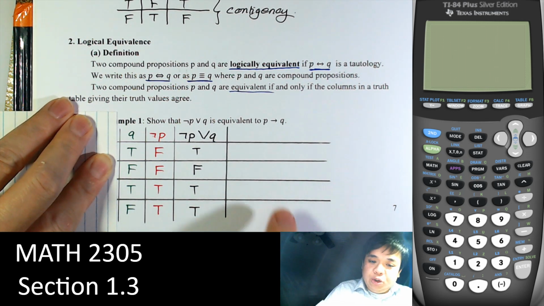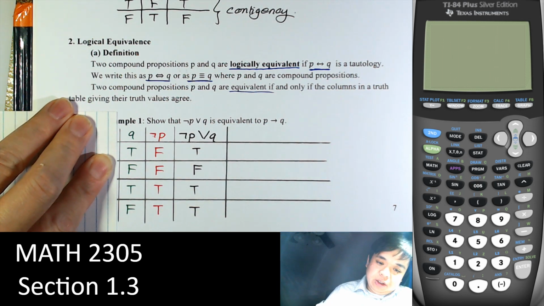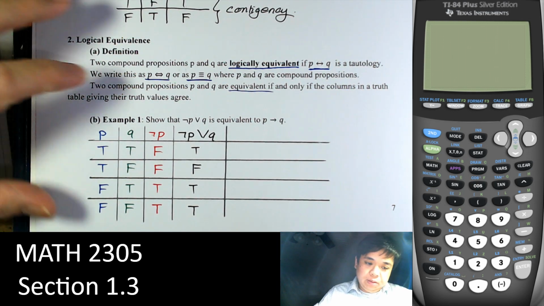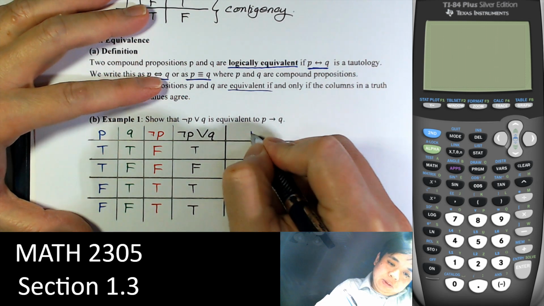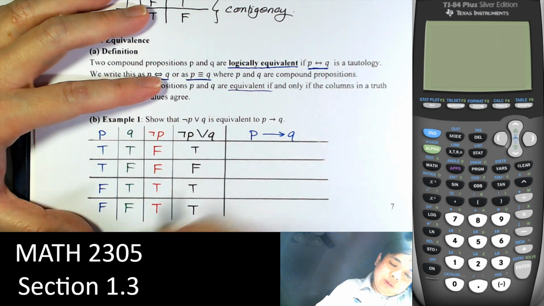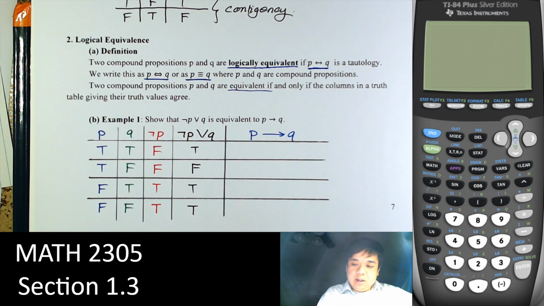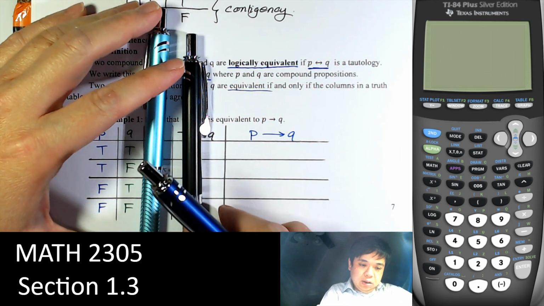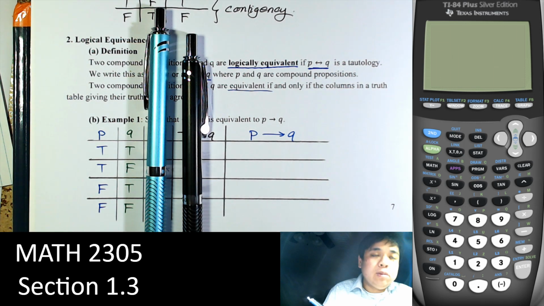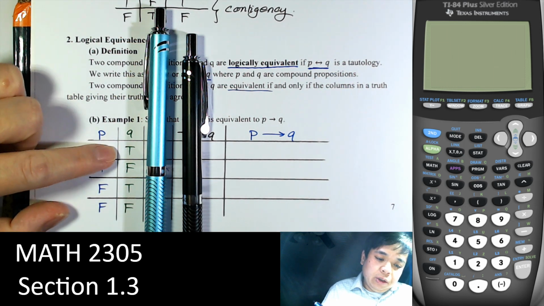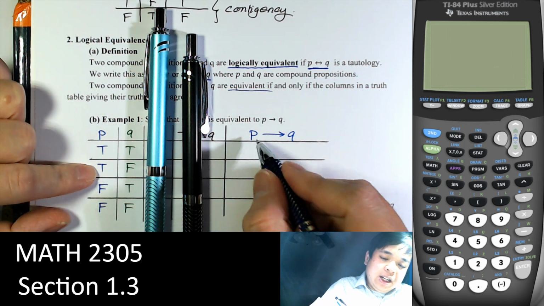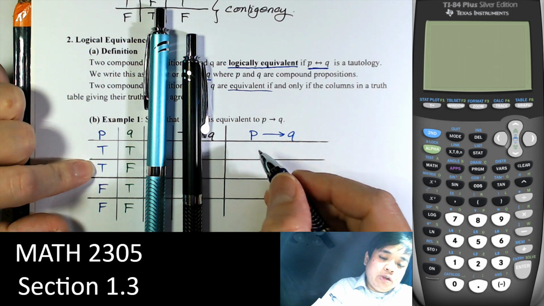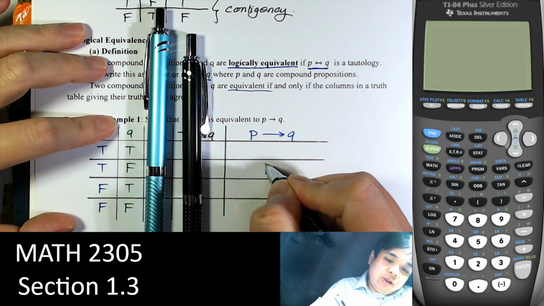And now we just need to do the implication of P to Q. So P to Q: the implication, or conditional, is false when true implies false. So this is false.